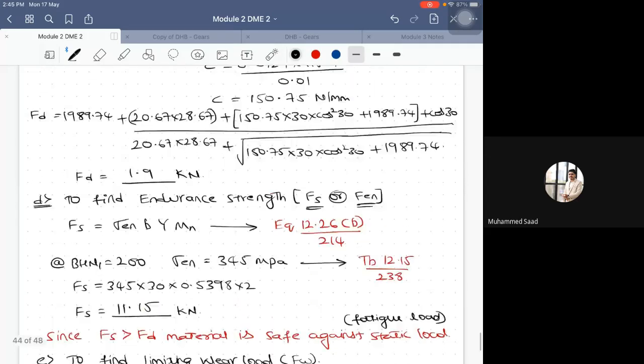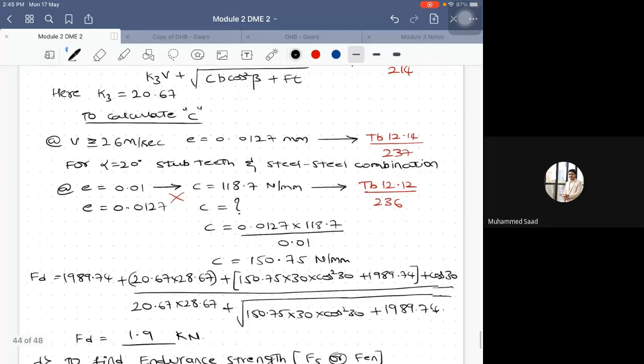So what was our value there? FD value. How many of you got this FD value? Is the FD value whatever you have given correct? Everyone got the same value? Okay.